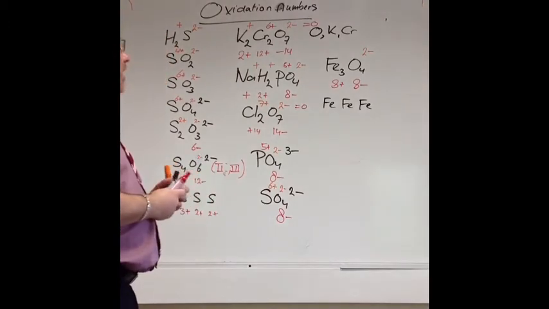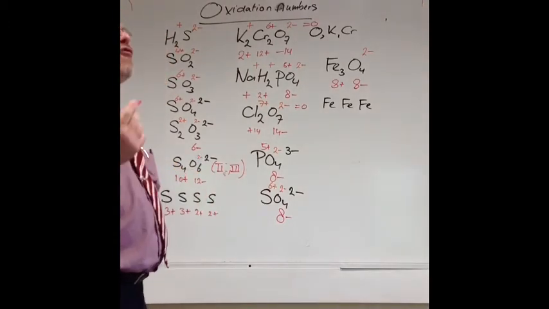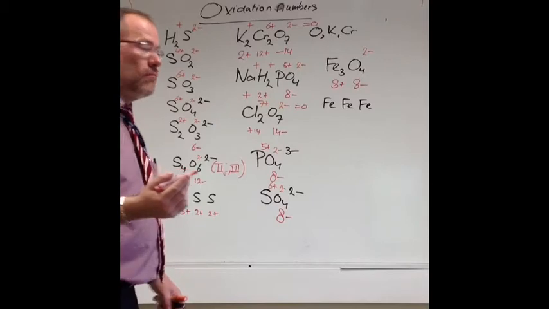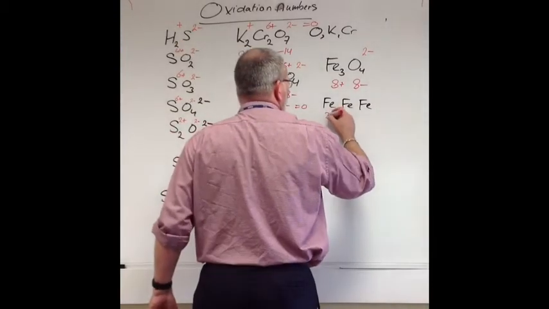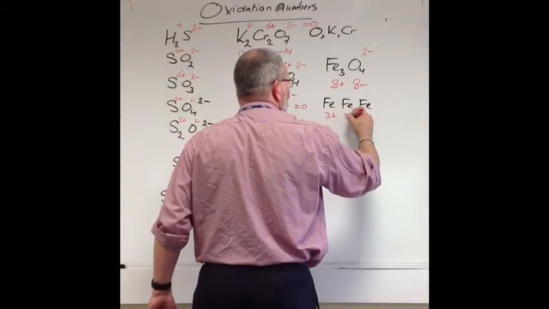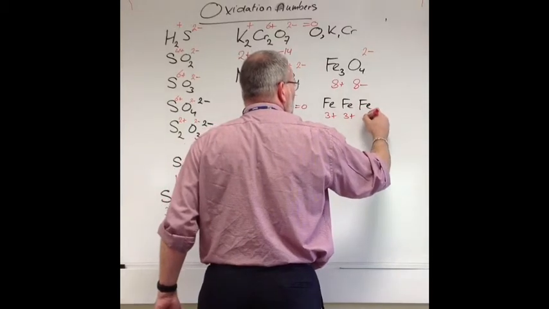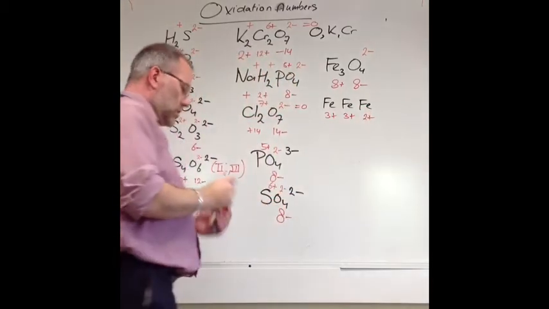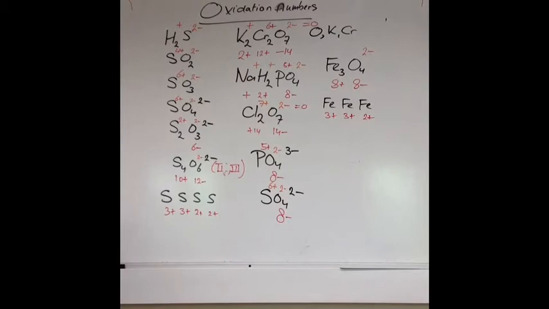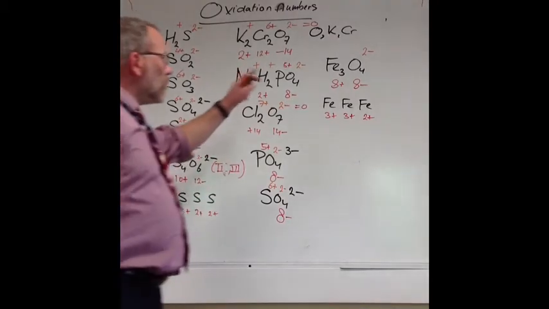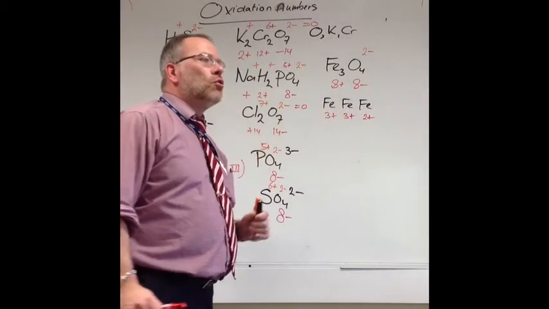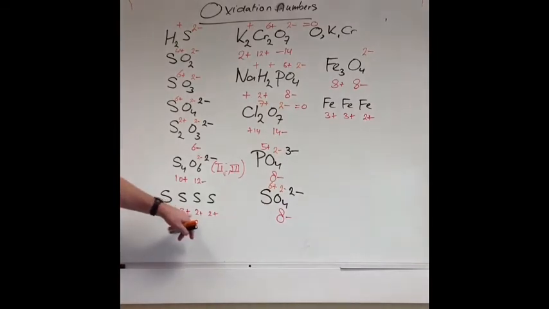How can I divide that reasonably fair? 3 plus, 3 plus, 2 plus. What you want to do is divide it as fairly as possible. What you could have done with the sulfurs was 4, 4, 1, 1. But that's not really fair, is it? It's fairer to do 3, 3, 2, 2.